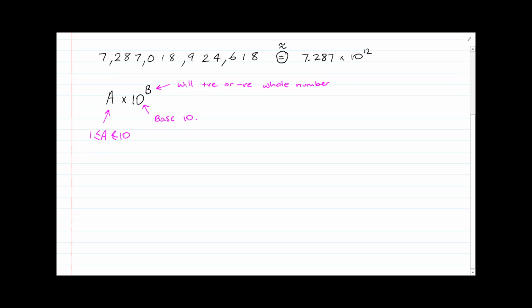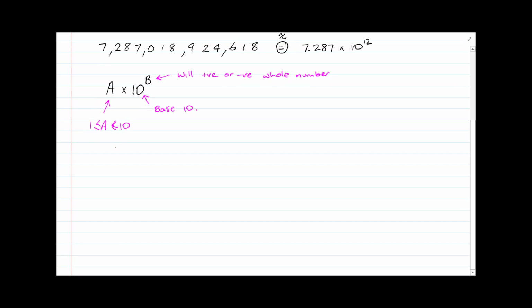Now let's look at a really simple case. Let's say we talked about the number 3,270,000. Now I'm going to take out factors of 10 and have a look at how this is constructed. So I can write this down as 327,000 times 10.